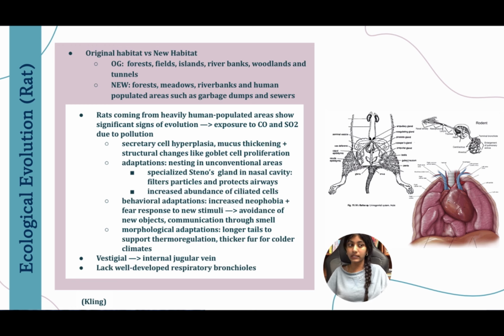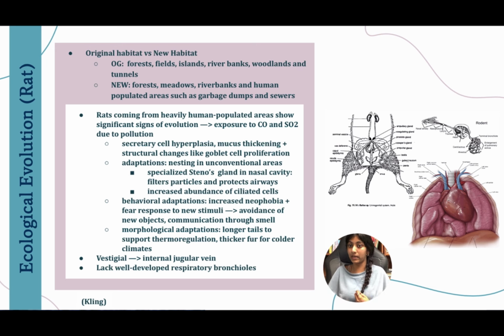Some of the things that they adapted to behaviorally was an increased neophobia, which is basically a fear response to new stimuli and an avoidance of new objects. This is incredibly important for the rat because now that humans have occupied their areas, humans see the rats more as pests, and so it's just an added danger to the rat.